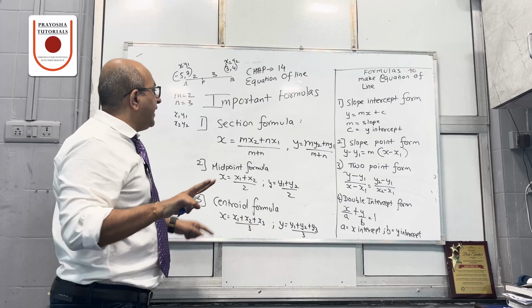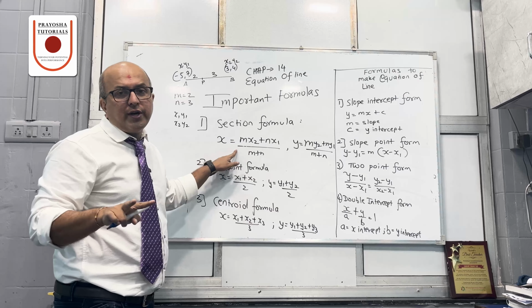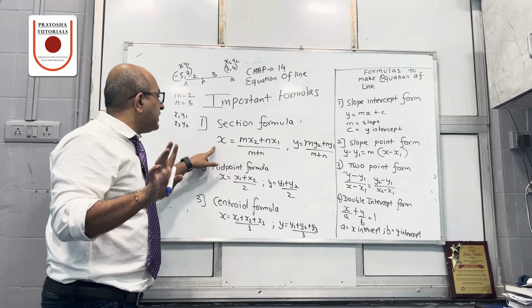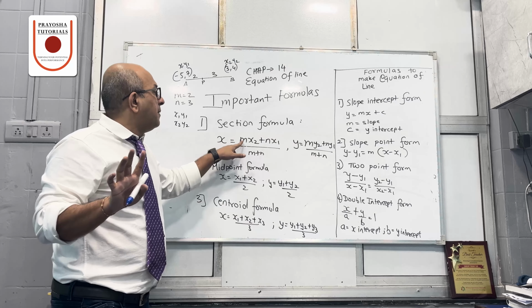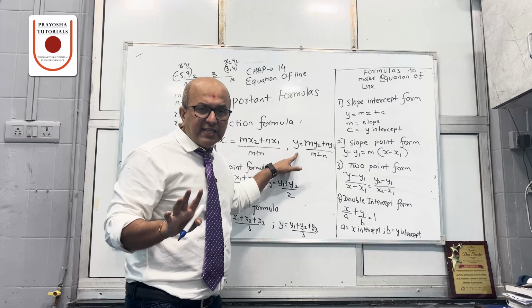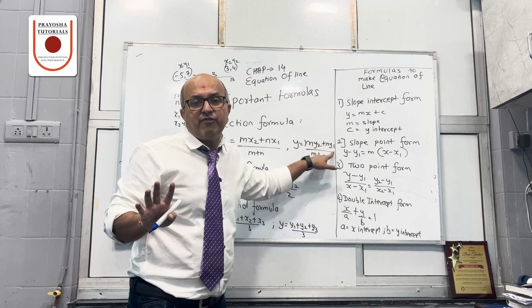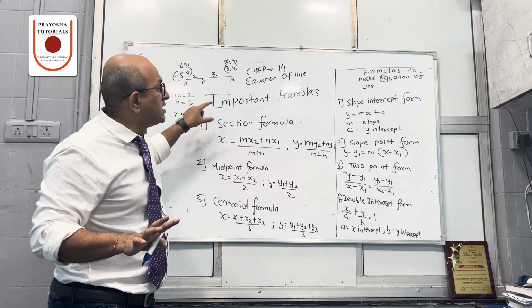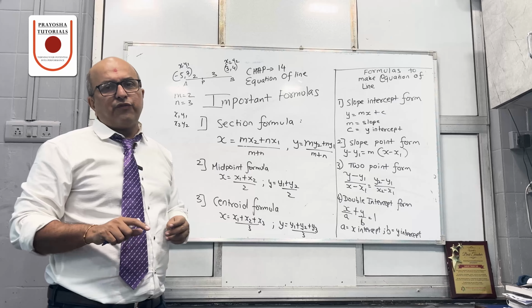So these coordinates are to be substituted in this formula. The formula we revised last time: x is equal to (mx2 plus nx1) upon (m plus n). Similarly, y is equal to (my2 plus ny1) upon (m plus n). We have to substitute these values exactly in this formula.